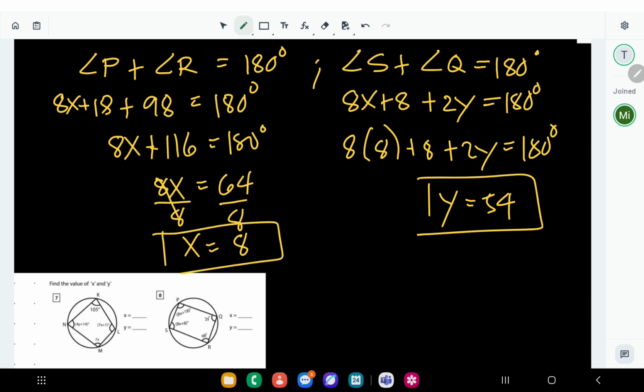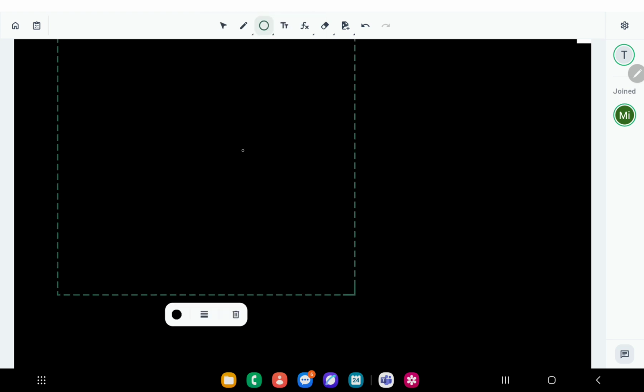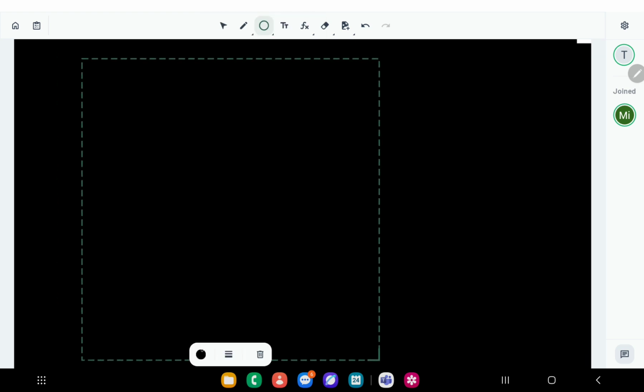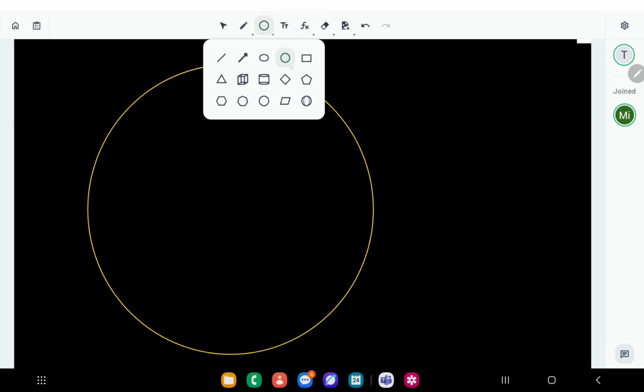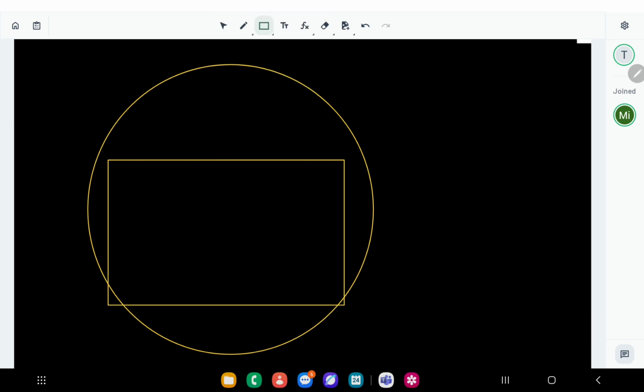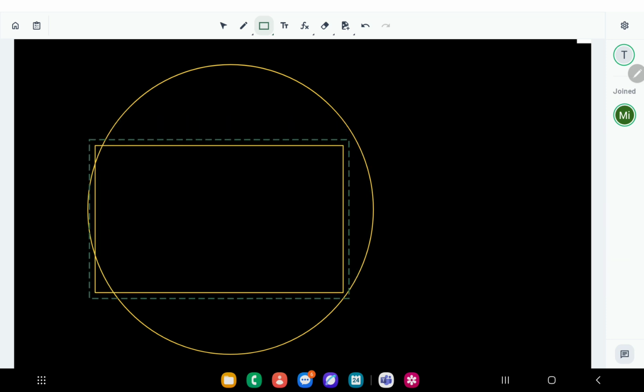Let me look for some problems here. Okay, try this one. Let's say you're given this problem, with inscribed.